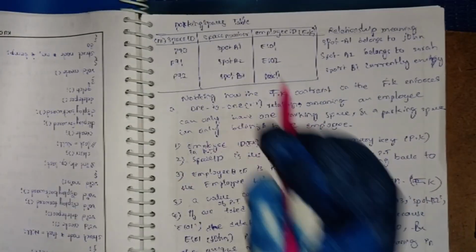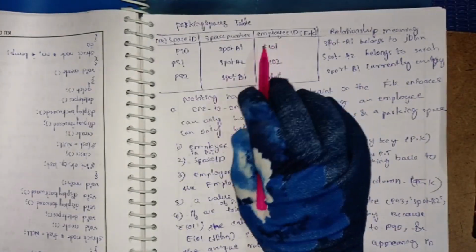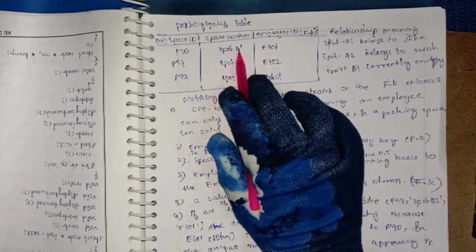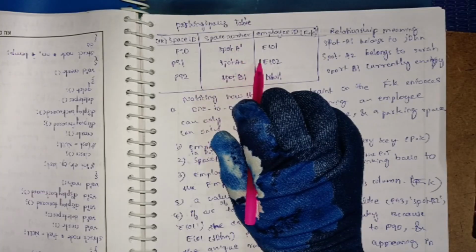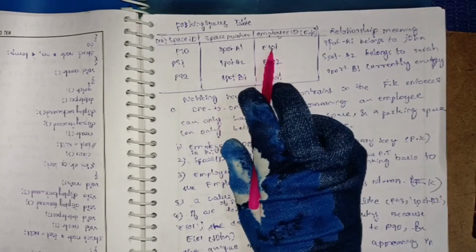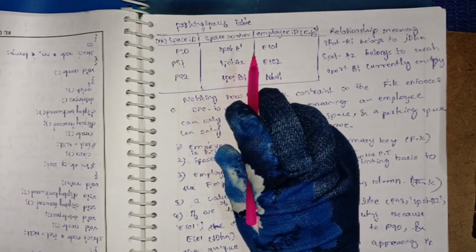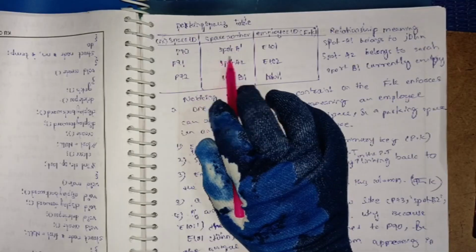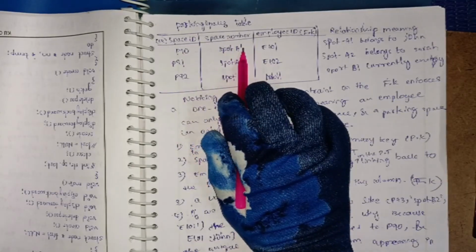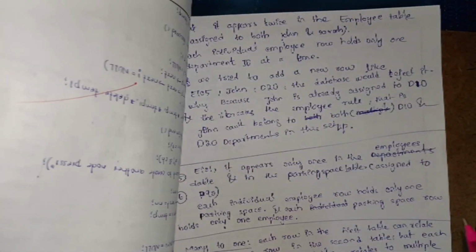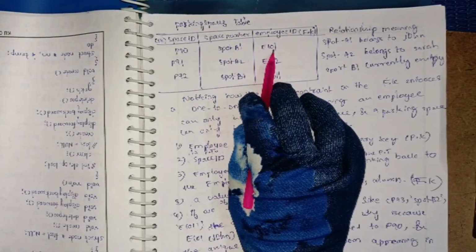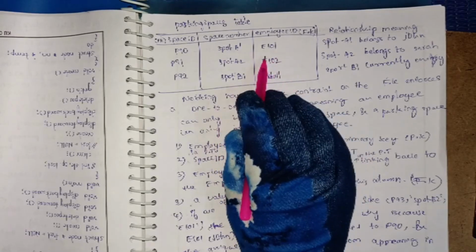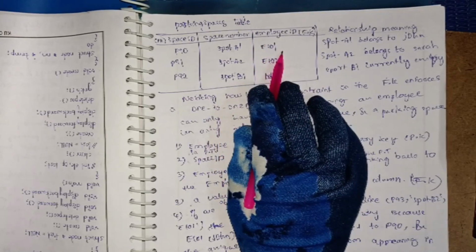Means this individual employee, a person, holds exactly one parking space, and can't hold a spot A2 also. That's the meaning. And each space holds only one person, not the E102 person also. Only the E101 person.